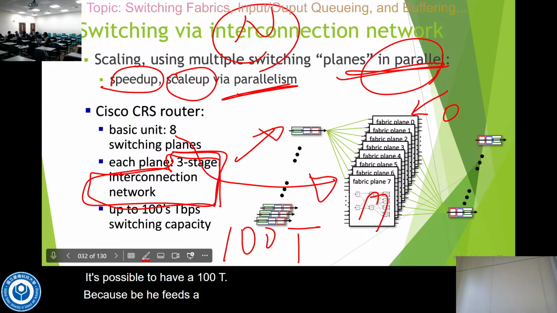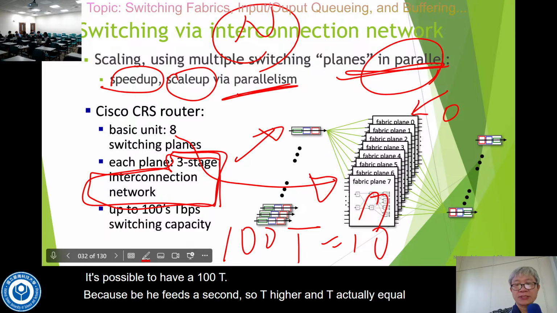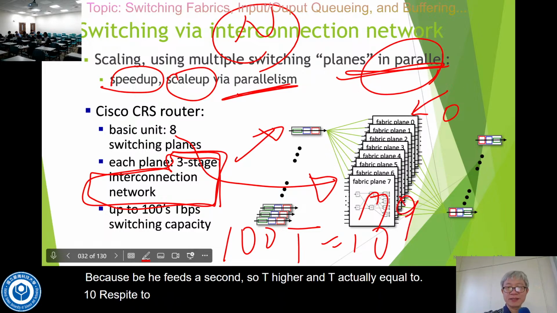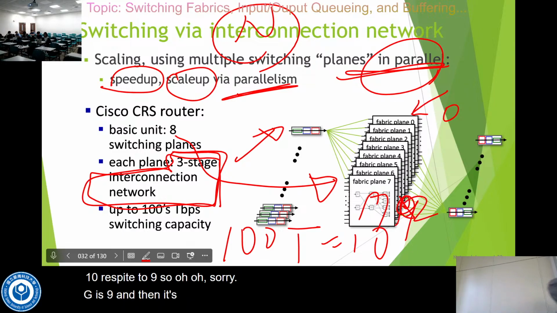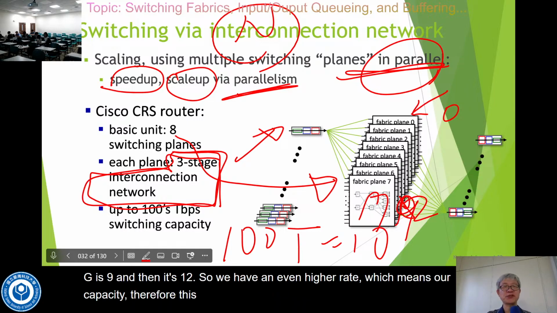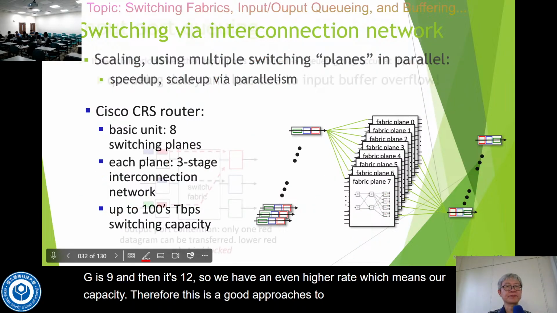T is 10 raised to the power of 9. So, sorry, G is 9 and then T is 12. So we have an even higher rate, which is a capacity. Therefore, this is a good approach to have the switching.